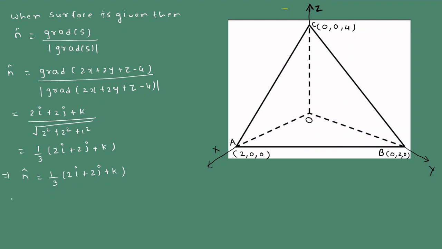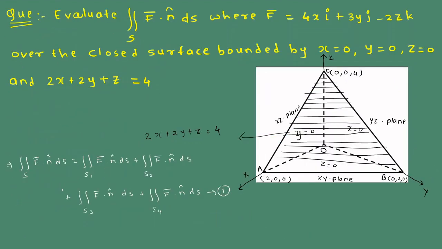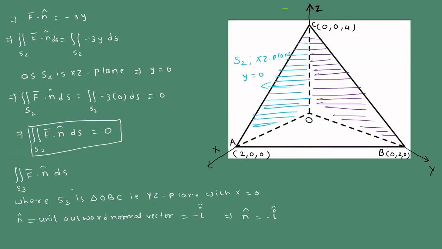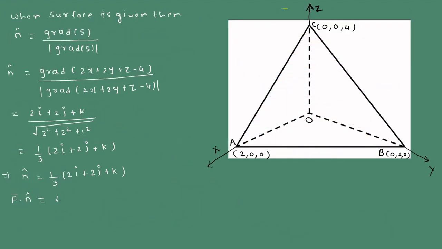Correct? So f bar dot n cap is equal to, let us check what is f bar. F bar is 4x i plus 3y j minus 2z k, dot product with 1 by 3 (2i plus 2j plus k).